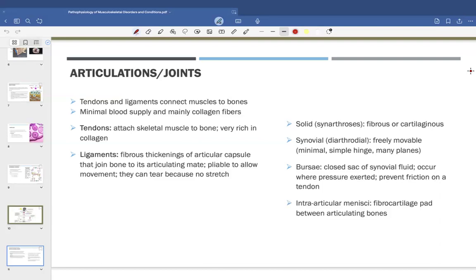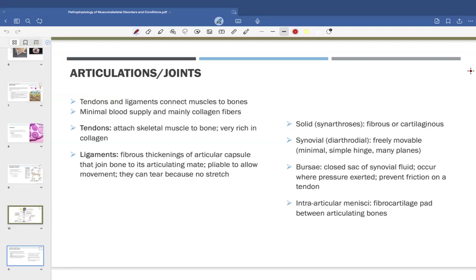Okay. As far as your joints go, your articulations, they're listed here. You have solid, you have synovial. There's lots of different types of synovials on the next slide. Your bursa is like a little fluid sac, and it's where there's pressure exerted, so in order to prevent friction, okay? You have bursal sacs over where your acromion process is, on your elbows, on your knees, wherever there's potential for friction, and it prevents that.